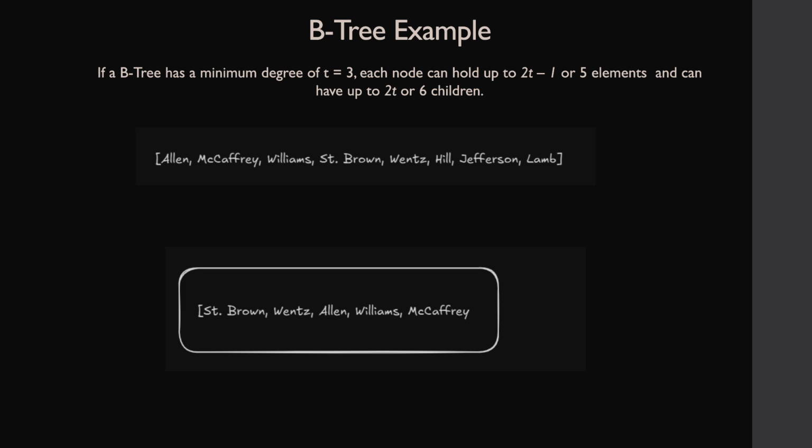So if our B tree has a minimum degree of T equals 3, each node can hold up to 2T minus 1, or 5 elements, and have up to 2T, or 6 children. So we have a list of players. They are randomized and they are not in order based on score or anything. And so since the node capacity is 5, we would safely insert the first 5 values into the root node.